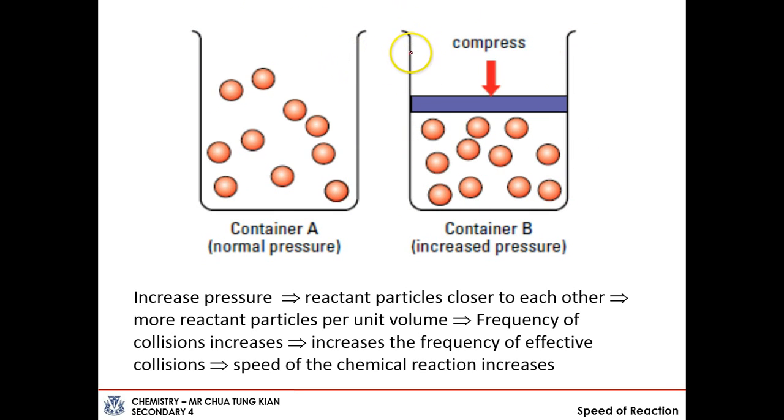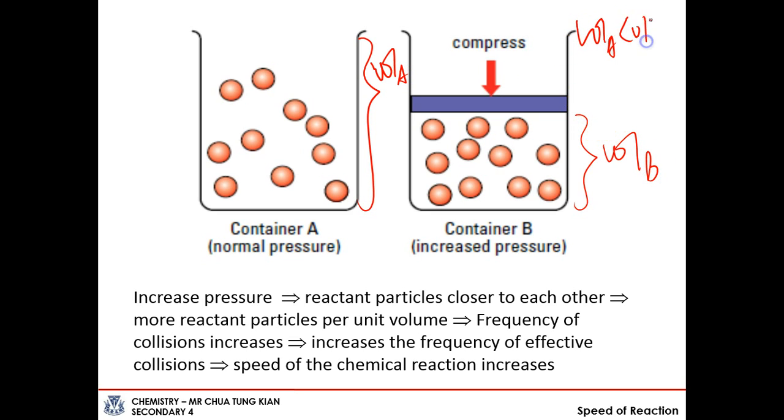When I compress the gas in container B, you notice that what I've changed is simply the volume that the gas occupies. So volume A versus volume B. Volume B will be less than volume A. So what I have indirectly done is to increase the concentration of the particles of the gas.